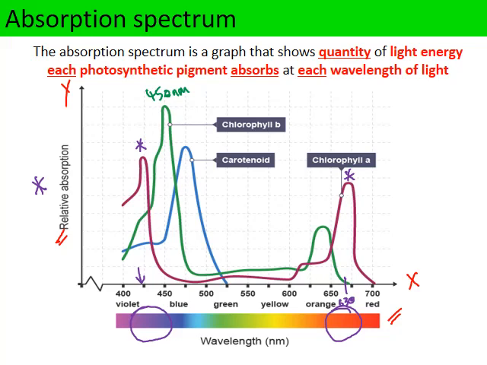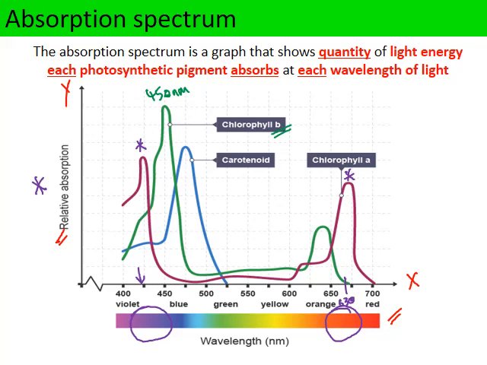So we know chlorophyll A is the primary pigment. It absorbs a large amount of light energy of both the red on the right hand side and the blue on the left hand side part of the spectrum. We know chlorophyll B is an accessory pigment, and that absorbs predominantly about 450 nanometers in the blue part of the spectrum on the left.